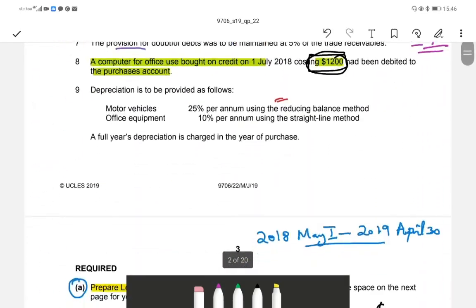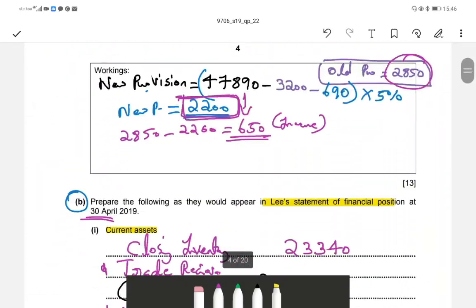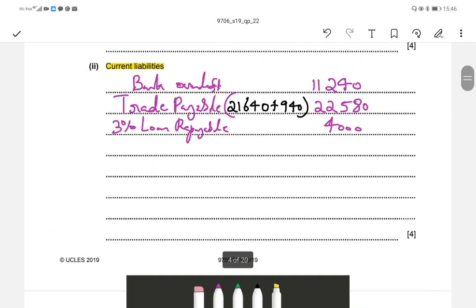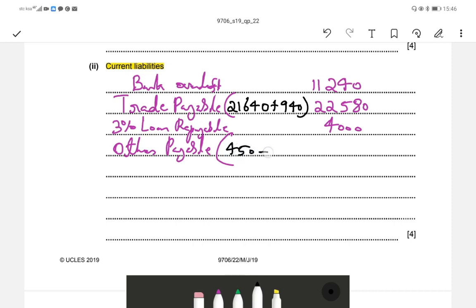So 450 minus 50, 400 is the liability. That is the other payable. They have to pay 400 now.